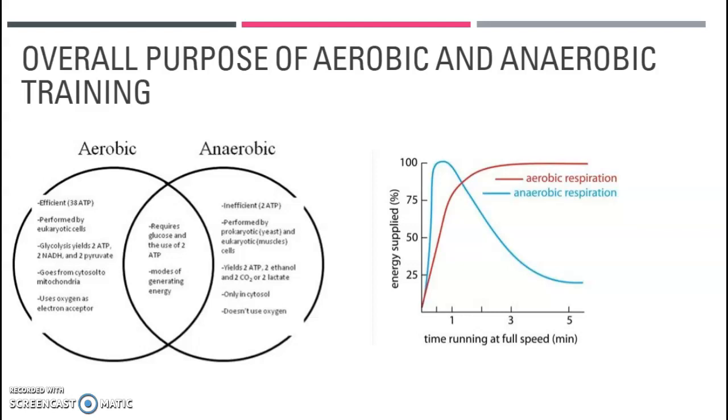As you can see in the Venn diagram on the page, here are the different factors of aerobic and anaerobic exercises, the factors which they involve and the similarities. And then here's a graph which shows that at the beginning anaerobic respiration is at its peak, at 100% energy supplied, as there might not be enough oxygen in the muscles.